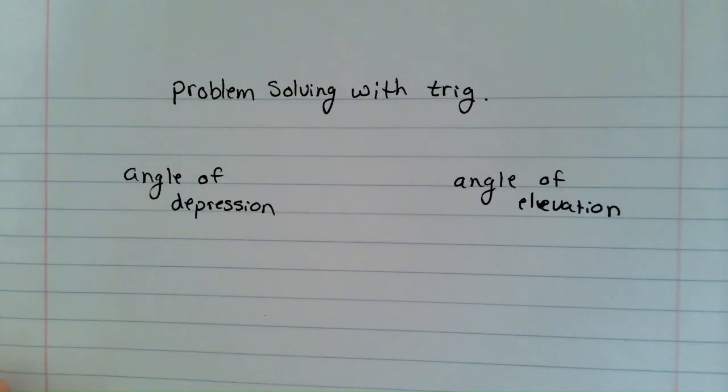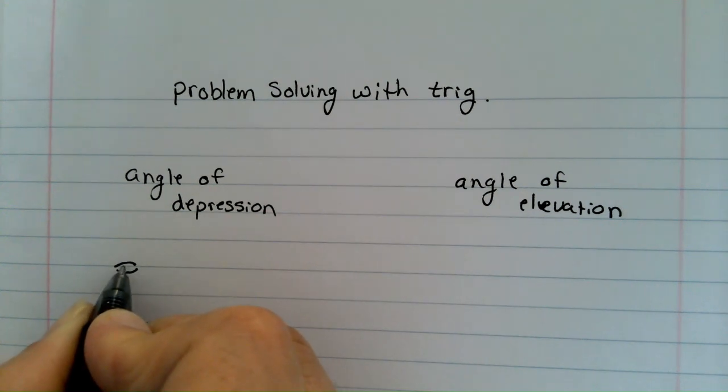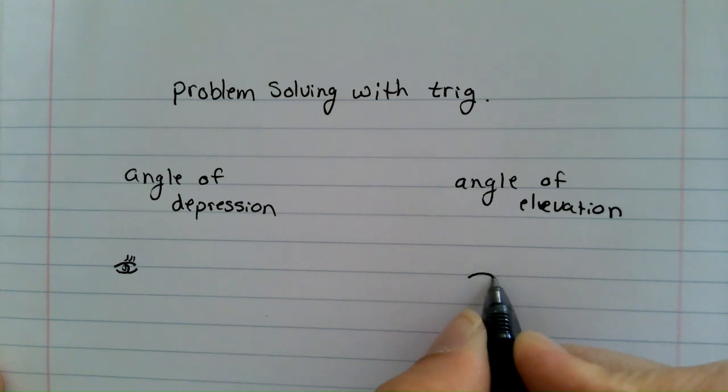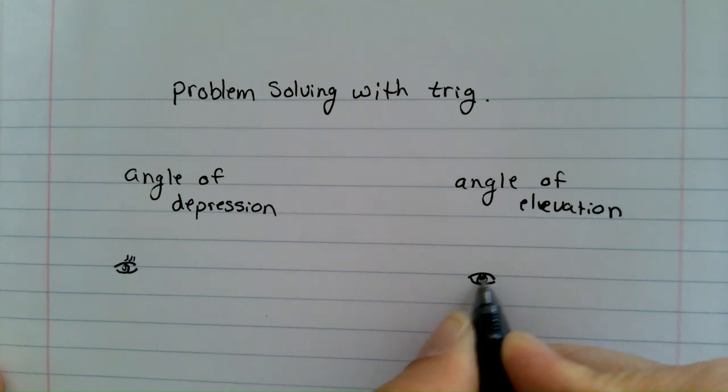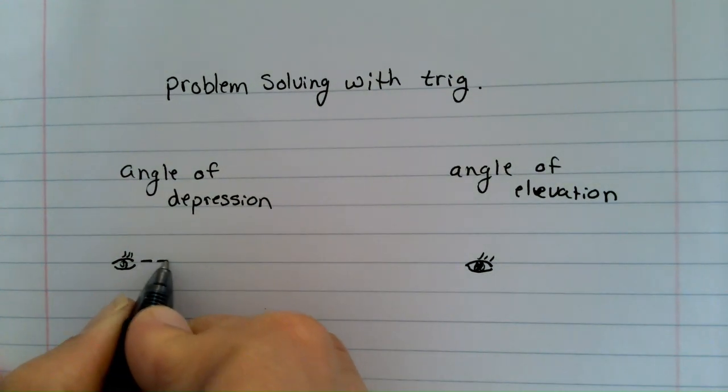Okay, so you're sitting there and you're looking straight ahead. Here's your eye, right? In both cases, I'm not an artist, so forgive me, roughly an eyeball. And you're looking straight ahead.